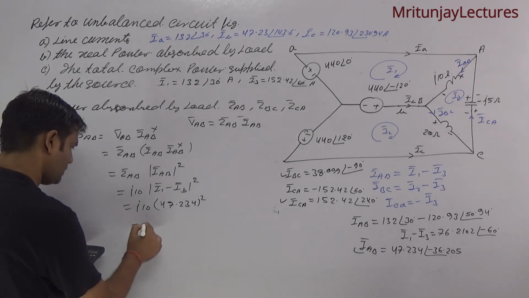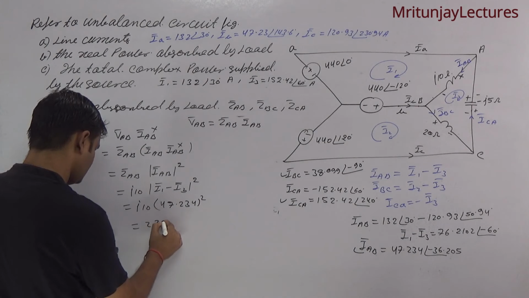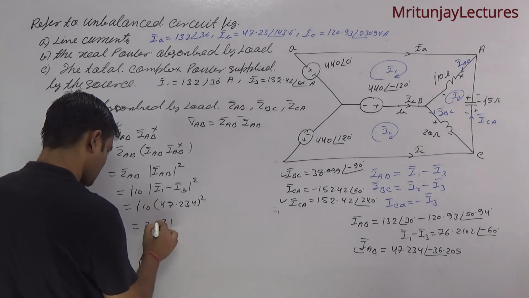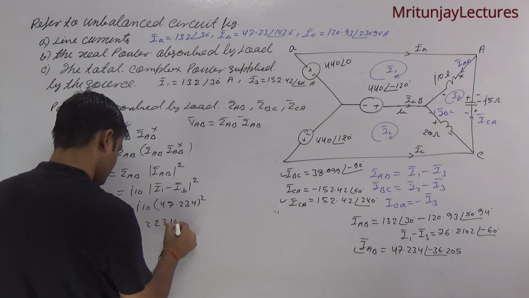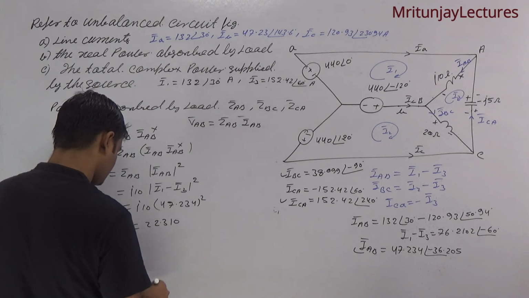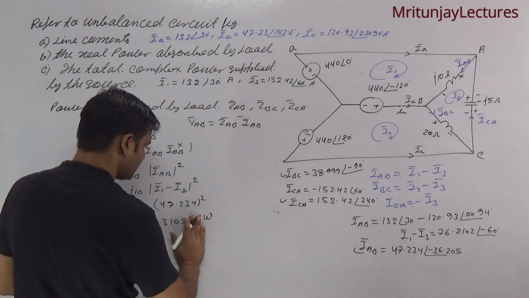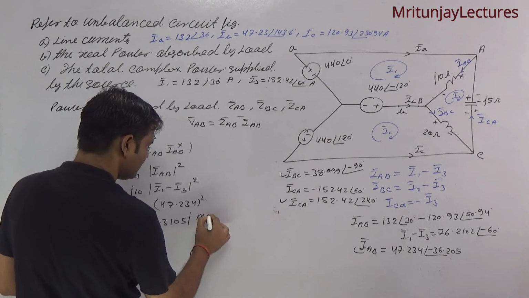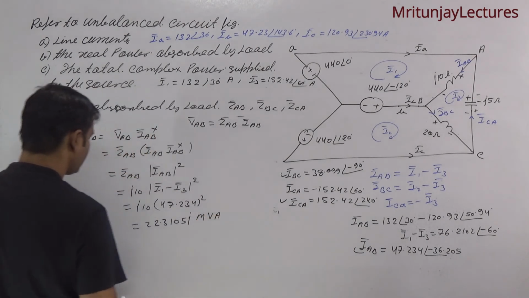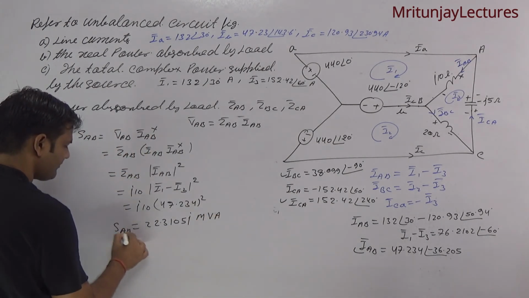We got 2231.0 or 22 J megawatt, sorry, MVA, that is S of AB.